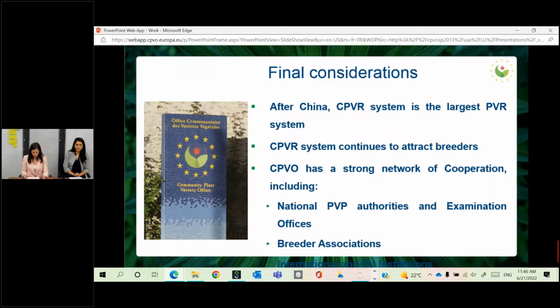Finally, another remark that I want to share is that, as my colleague Ursula was saying, there is now a momentum for plant variety innovation because plant variety rights have now been brought into the spotlight in the context of the United Nations Sustainable Development Goals, also in the context of the European Union Green Deal. So this really represents an extraordinary opportunity for breeders of all types, be it multinationals or SMEs. This represents a turning point.